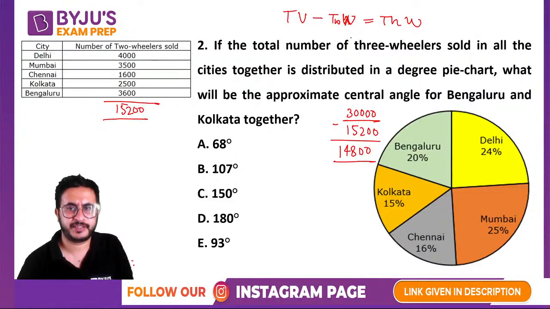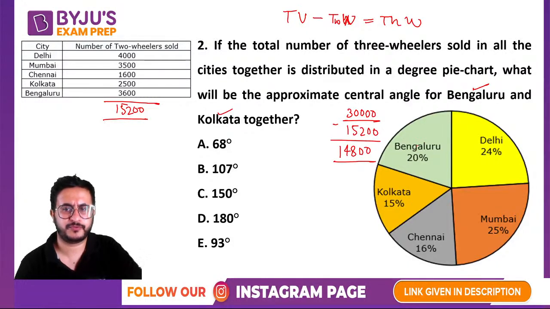Now we will calculate three-wheelers for only these two, Bengaluru and Kolkata. So Bengaluru, first of all, we'll have to calculate total vehicles. Total vehicles is 6,000 and two-wheelers is 3,600.